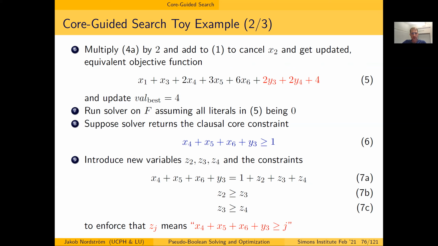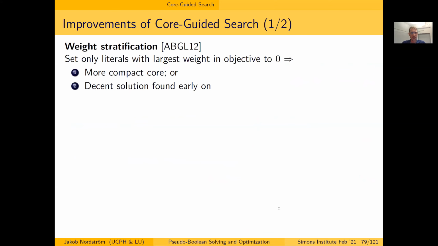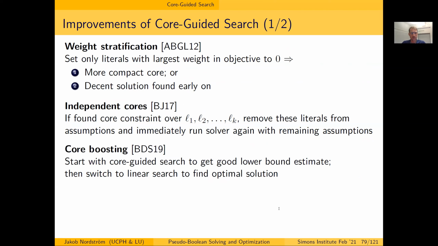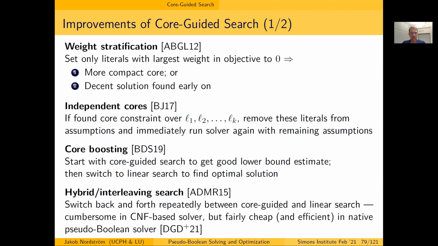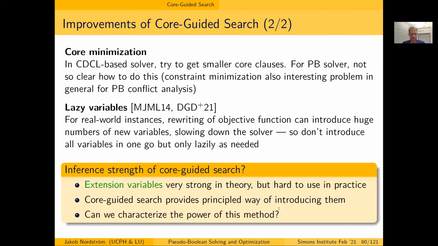And then introduce Z3 and Z4 later only when needed. This is called lazy introduction of variables. It can be pretty important, but I didn't describe it here because conceptually it's not really a difference. It's more of an implementation detail.